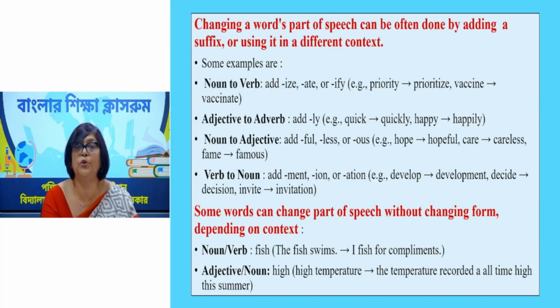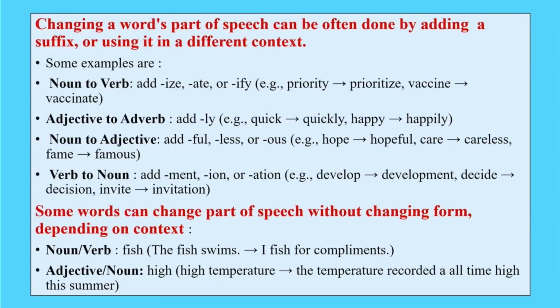So noun to verb, you can add ize, ate or ify. The examples are priority. To change priority into a verb, you add ize and make it prioritize. So that makes it a verb.